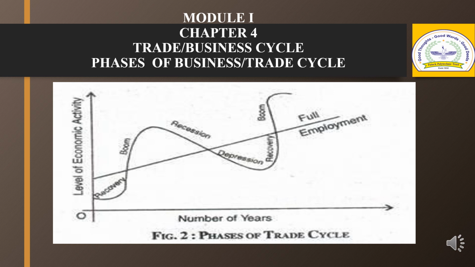Once a revival starts, the process becomes cumulative. It should be noted that in the early stage of the recovery phase, output increases without proportionate increase in the total cost due to excess capacity in the economy, but later costs rise and output becomes less elastic, which may result in a rise in prices and profit.